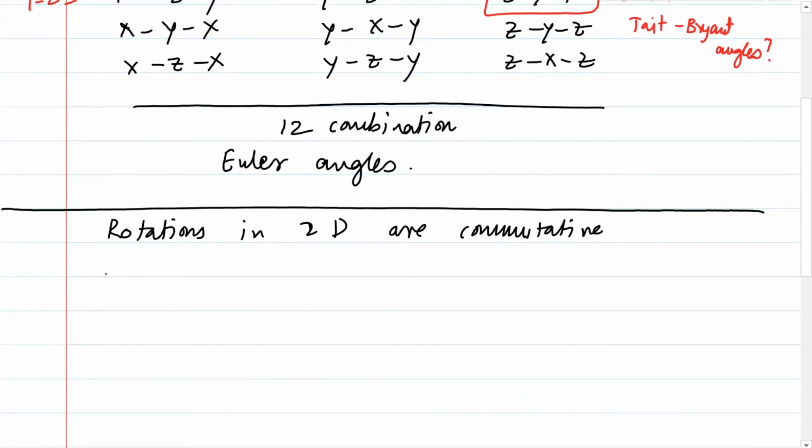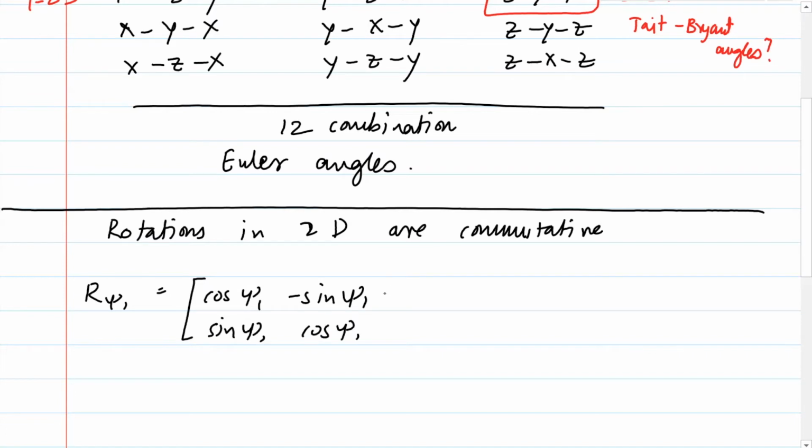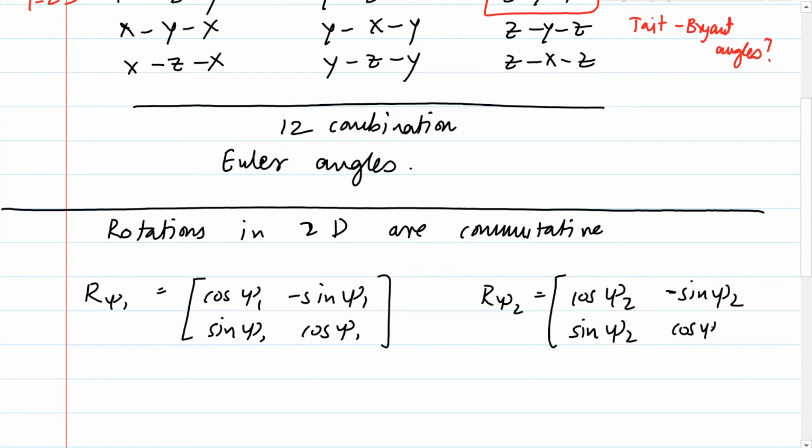So if you do rotation by an angle psi 1, say about the z-axis, we say cosine psi 1, minus sine psi 1, sine psi 1, cosine psi 1, right? And then we have another rotation: cosine psi 2, minus sine psi 2, sine psi 2, cosine psi 2.